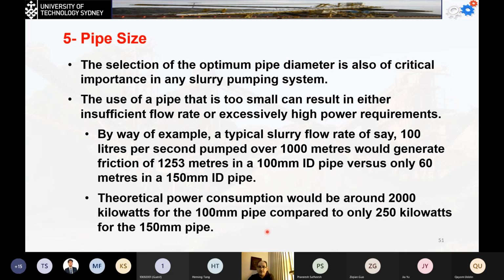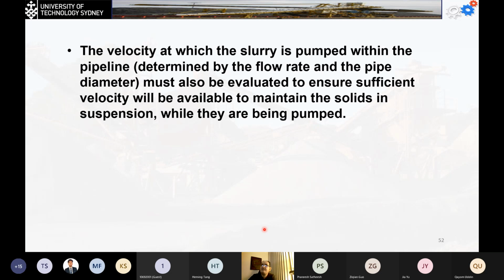Now, once again, the velocity at which the slurry is pumped within the pipeline must also be evaluated to ensure sufficient velocity is available to maintain the solids in suspension. I don't want the velocity to be too slow, because in that case the material will settle down and not be moved along the pipe.